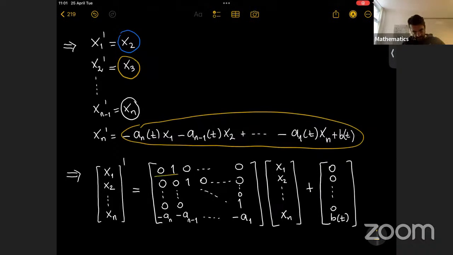When you multiply this matrix with this matrix, you take the first row and the first column to get the first entry, right? And this gives you what? x2, right? First row, first column gives you x2. So x1 prime here is equal to x2 plus 0, which is x2, and you get this one, okay?